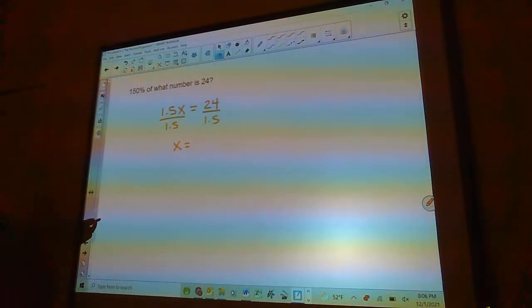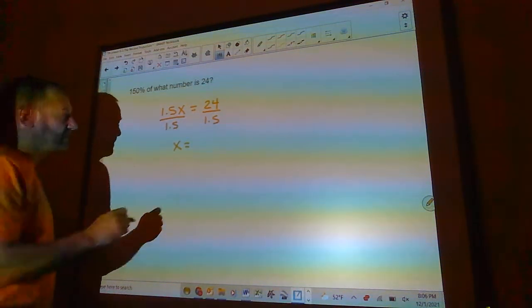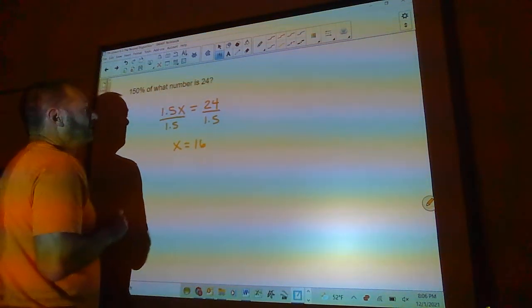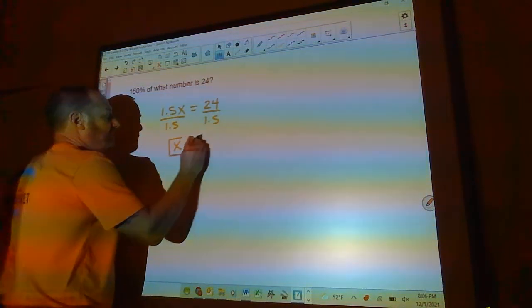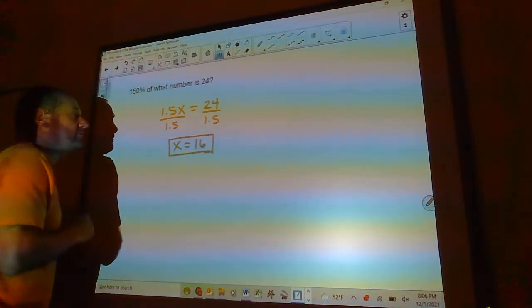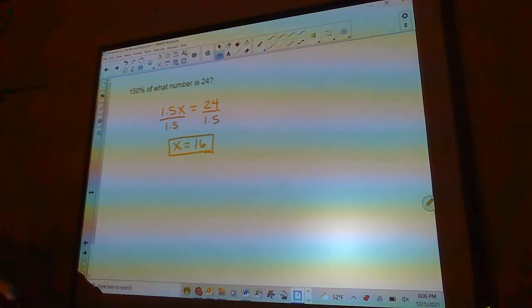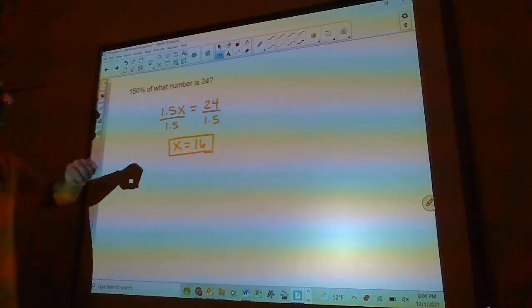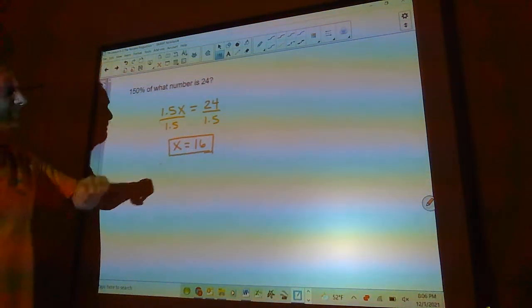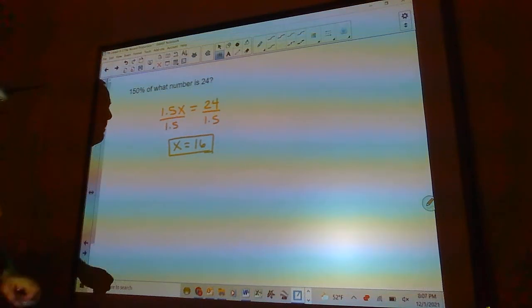So 24 divided by 1.5, that's going to be 16. So 150% of 16 is 24, which makes sense because 100% of 16 would be 16, and 50% of 16 would be 8, and 16 and 8 is 24.